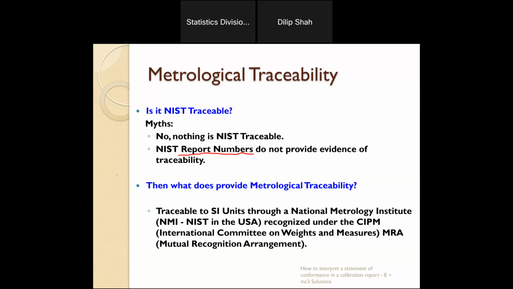What provides metrological traceability is the traceability through SI units, through our National Metrology Institute, NMI, NIST in the US, in Canada, NRC, and so on, CENAM in Mexico, just talking about our North American neighbors, and recognized under the CIPM Mutual Recognition Arrangement. So that's what establishes metrological traceability, not NIST traceability.